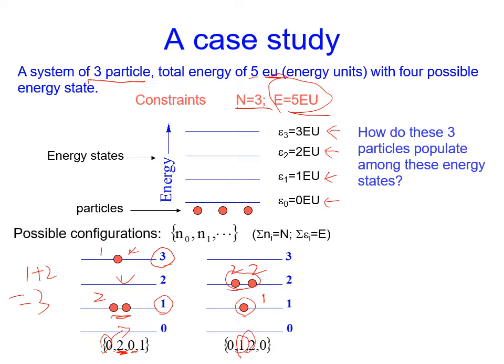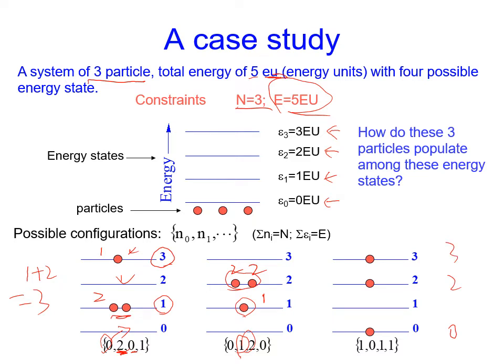And the third configuration is this. 1 particle at the lowest energy, 1 particle at the third energy level, and 1 particle at the fourth energy level. So 3 particles, total energy 0 plus 2 plus 3, that's also 5.